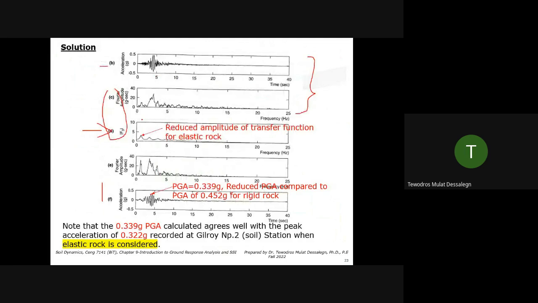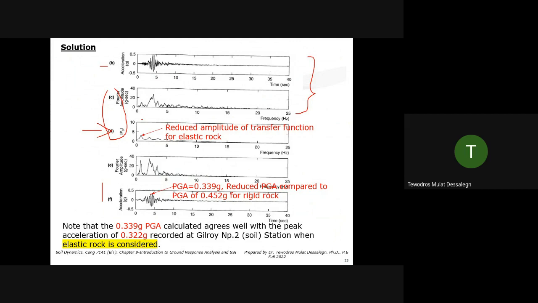So by considering a more realistic case, the PGA estimated is 0.339 g, reduced compared to the PGA of 0.452 g for rigid rock. So by improving our assumption, we are getting very close to what was recorded at the ground surface.